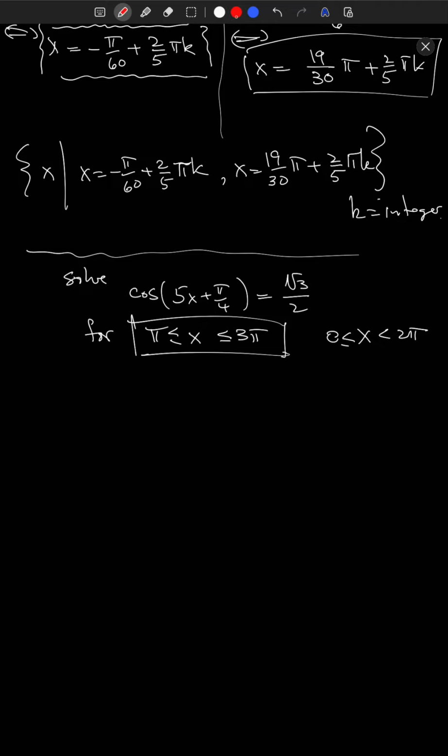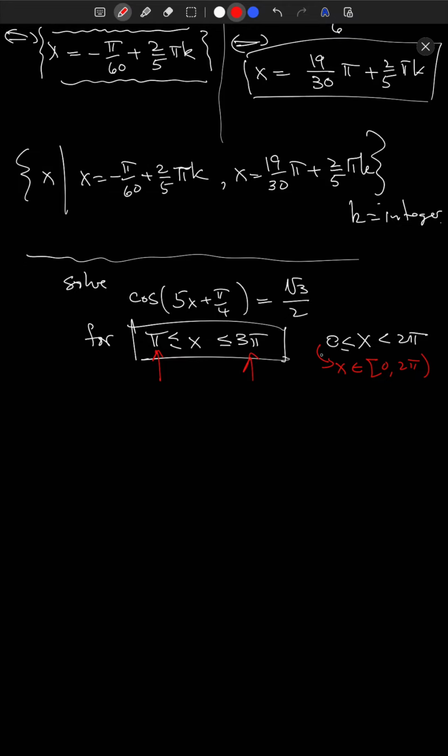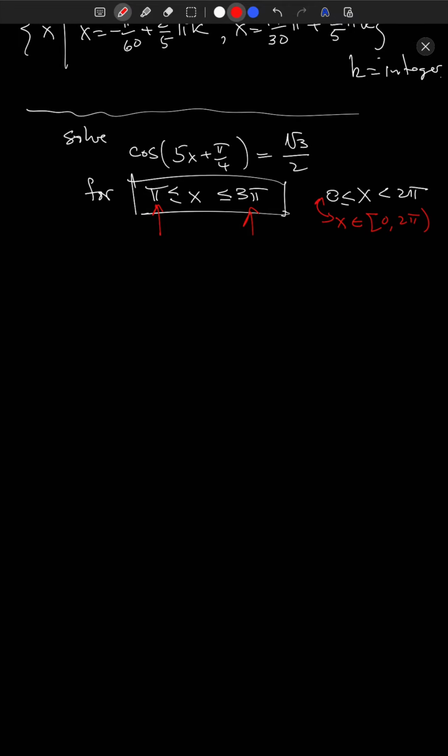That's why I emphasize that I could have a pi here and a 3 pi here, anything. And a notation I think the book uses is x in 0 to 2 pi. So just note that these two mean exactly the same thing. So here I could rewrite this as x in pi to 3 pi. This means in the interval.